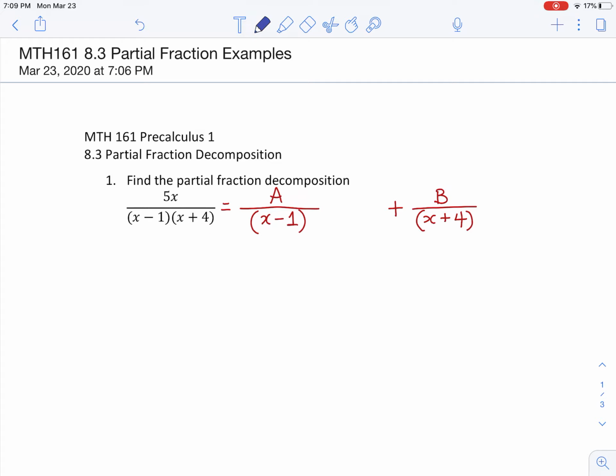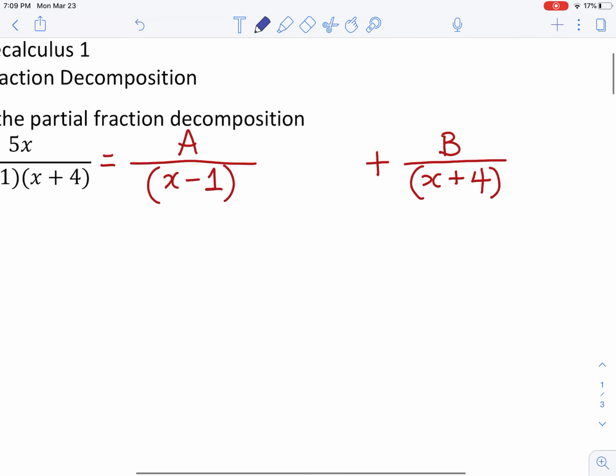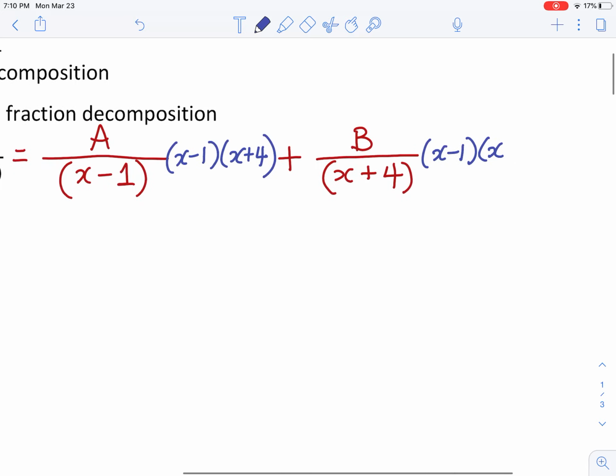So at this point, because my goal is to get rid of all the fractions, multiply the left side by x minus 1 times x plus 4. And on the right side, I have 2 rational expressions, so multiply this one by x minus 1 times x plus 4, and multiply this one by x minus 1 times x plus 4.